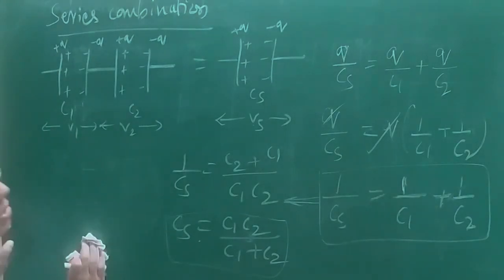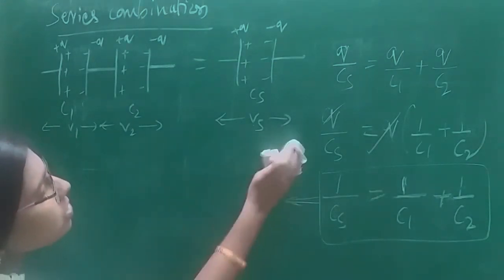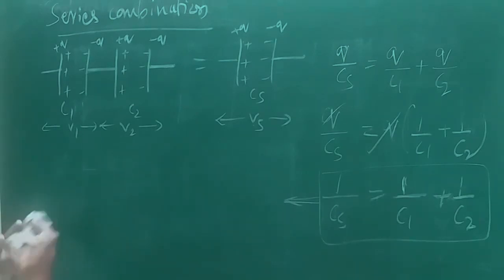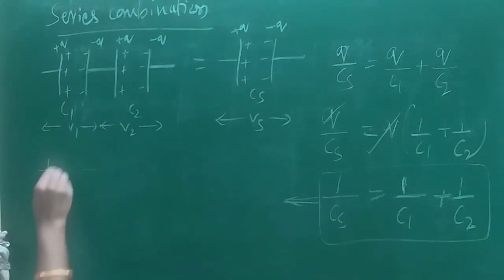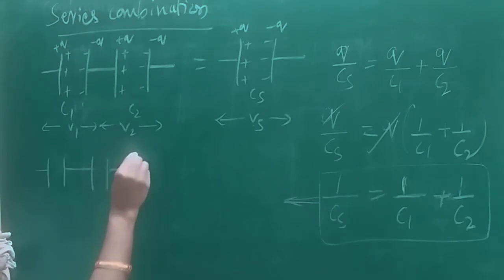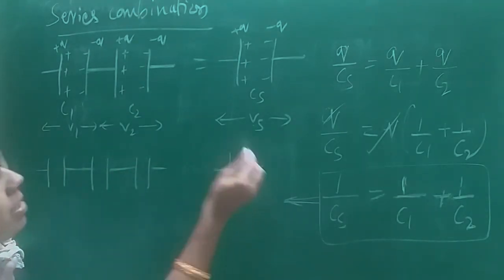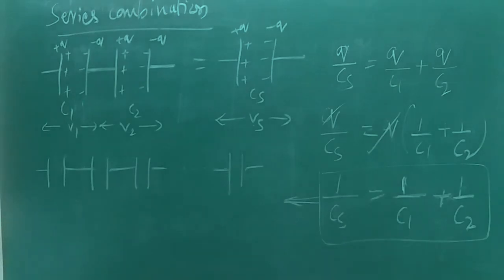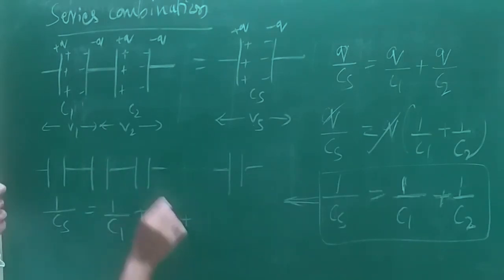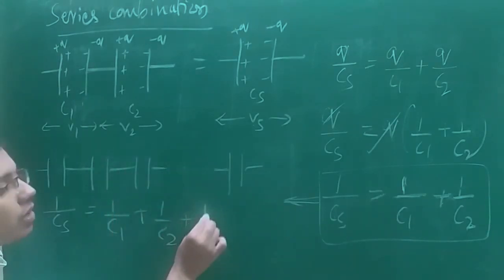Now suppose I use more than two capacitors, like this is one capacitor, this is another, and I combine n number of capacitors. Then the expression for the equivalent capacitance is given by 1 by Cs is equal to 1 by C1 plus 1 by C2, this is the second capacitor, and the third one 1 by C3.